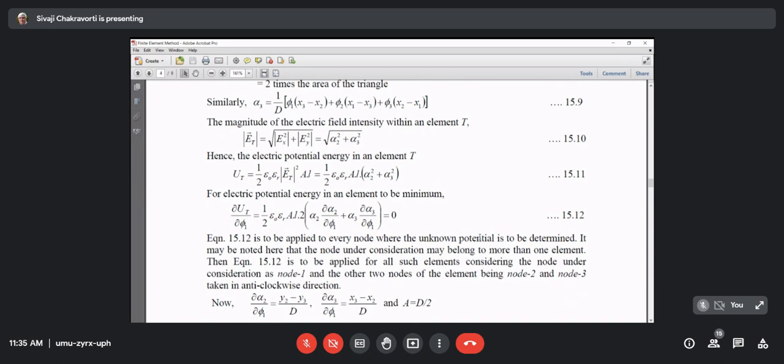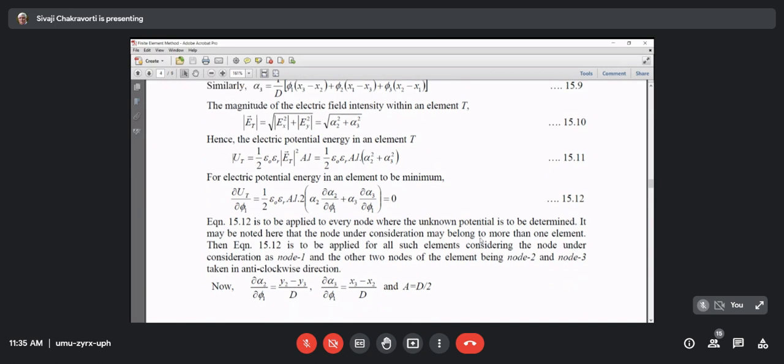In our case, the target node is node 1, that is the vertex 1 of the triangle, and the potential is phi 1. So what we are doing is taking the derivative of the energy of the triangle with respect to phi 1 and equating it to 0.